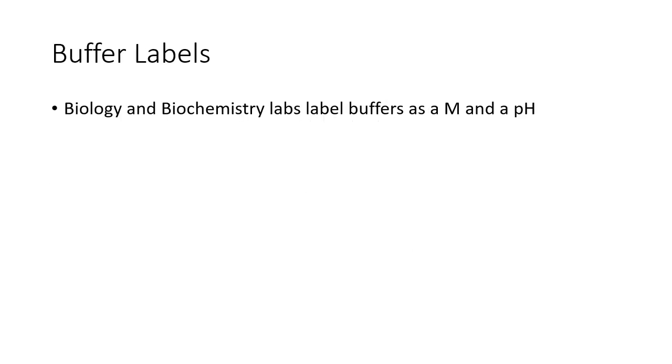All right, now this is a little bit of an aside, but it drove me nuts when I was taking these types of classes. So in biology and biochemistry, the labs label buffers with a molarity and a pH, but it's just one molarity. We know that the buffer contains acid and conjugate base. So why does it only have one molarity for the buffer label?